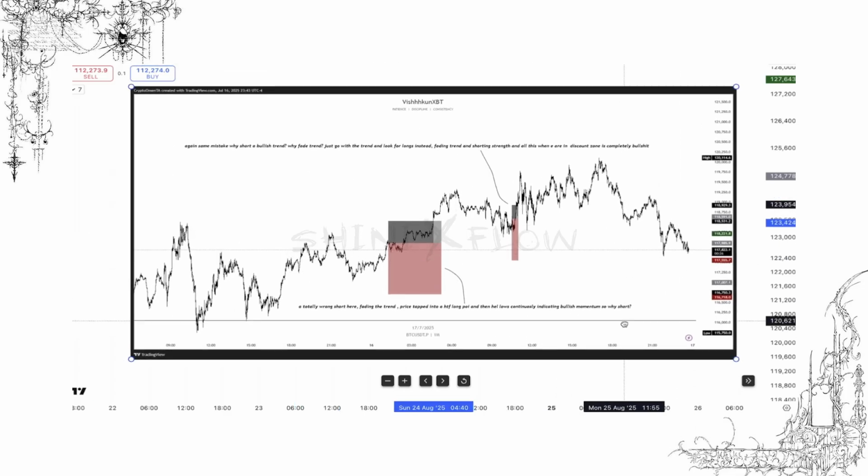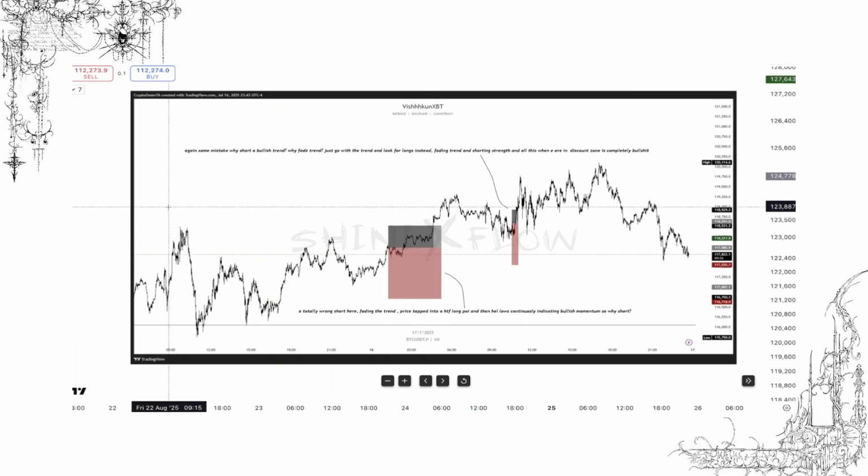So for me, this here is, let's assume, I don't know what's going on on the left side of this PA for this chart. Let's just assume this was the external structure, and external structure was going down. But at some point, what happened was the internal structure shifted, and you see more momentum.